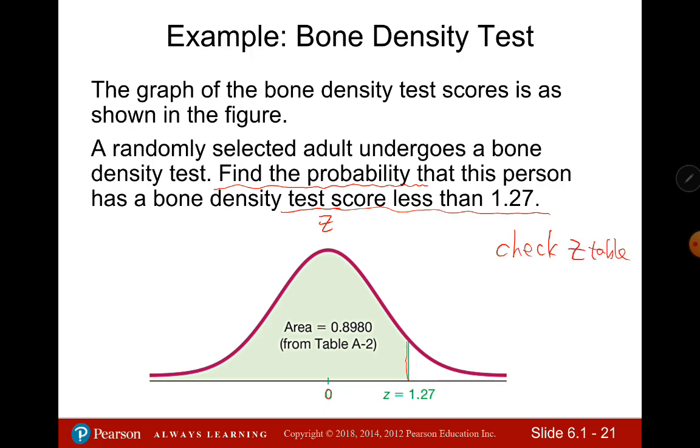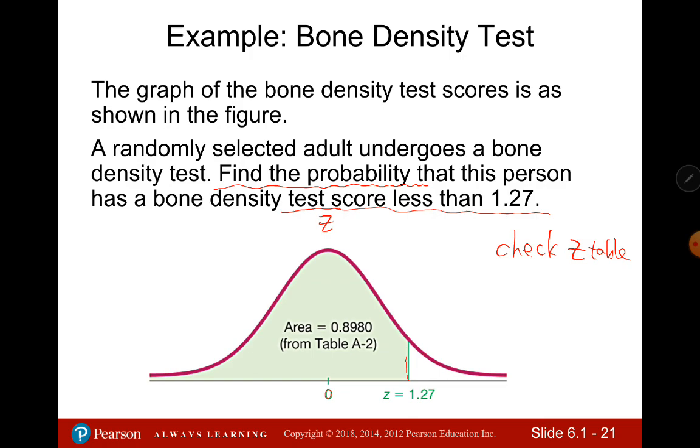Because this z is a positive z, we need to check the positive z-table. We should know how to check our z-table, because you will use the z-table in later chapters. We will always need to check the z-table. So first, when you check your z-table, listen carefully. You need to find the left column.